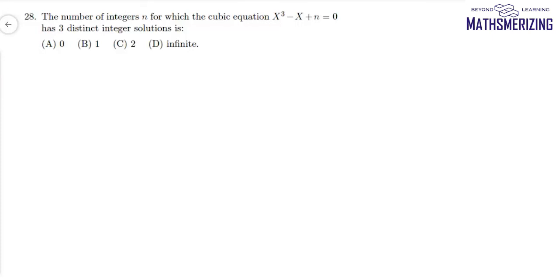Now question number 28 is we need to find the number of integers n for which this cubic equation has 3 distinct integral solutions. So if I take this as some function f(x), I'll write this as x cube minus x plus n.